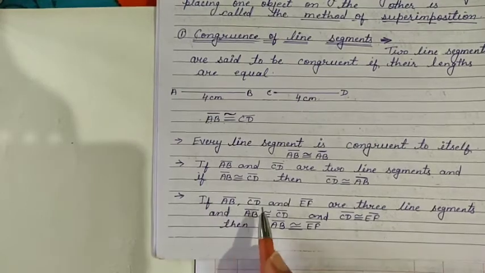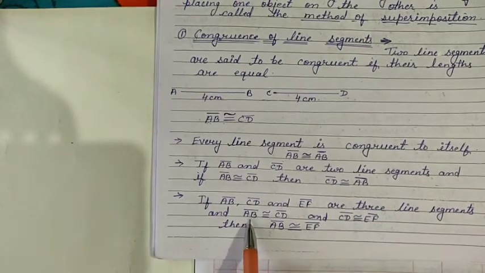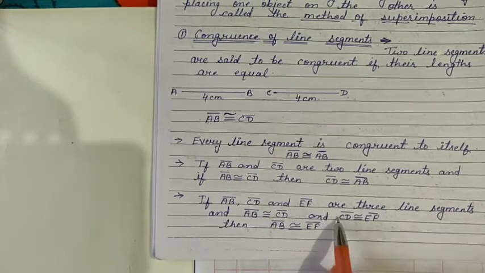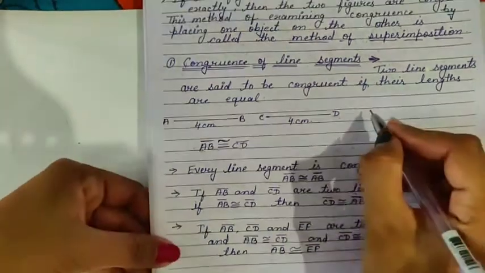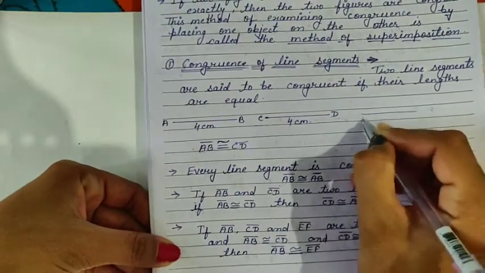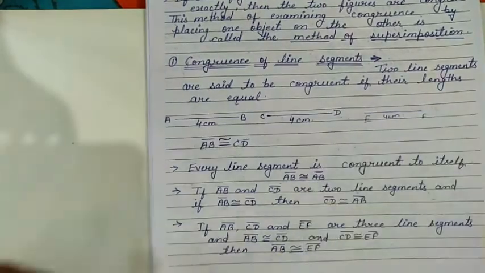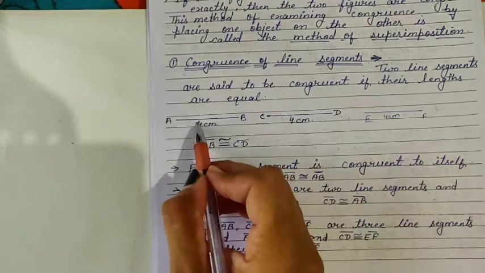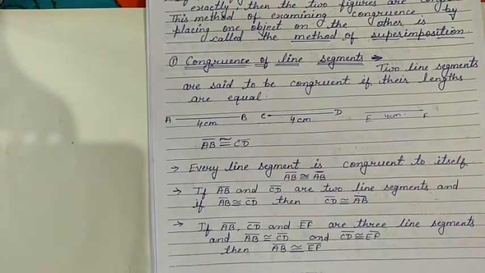If AB, CD and EF are three line segments, and AB is congruent to CD and CD is congruent to EF, then AB is congruent to EF. Suppose there is one more line segment EF, whose length is also 4 cm. AB is congruent to CD, so length of AB equals length of CD.